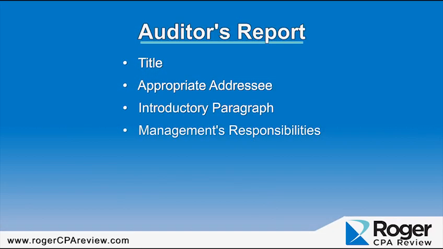After describing management's responsibilities, we next have a section that describes the auditor's responsibilities. And the primary thing that we are trying to convey is the auditor is responsible for performing an audit in compliance with generally accepted auditing standards. Now, we can't expect users to understand what generally accepted auditing standards are, so we include a little information.